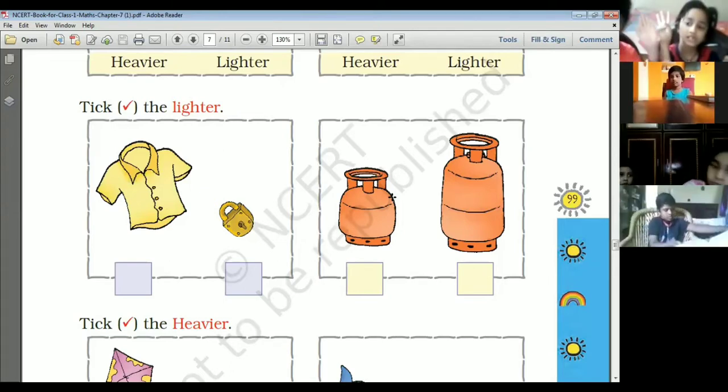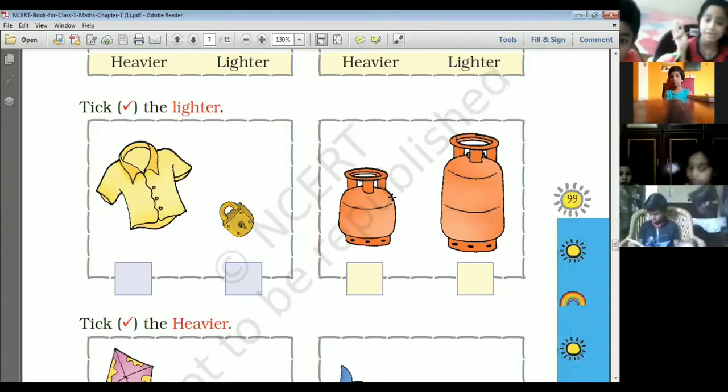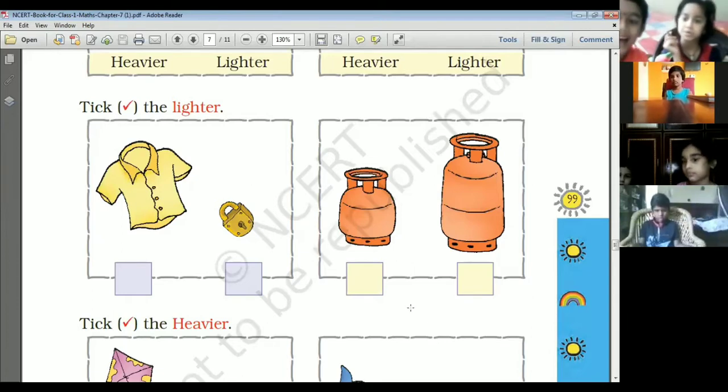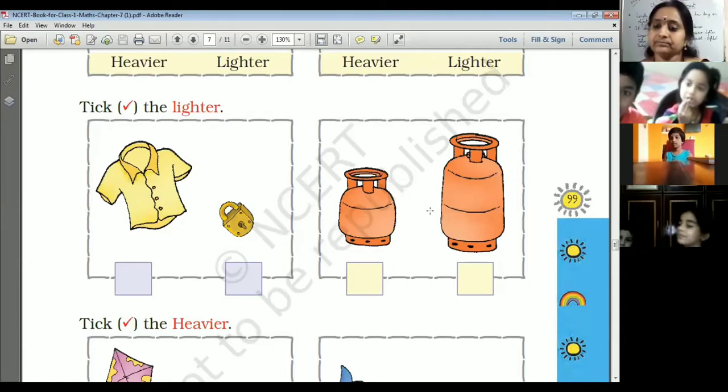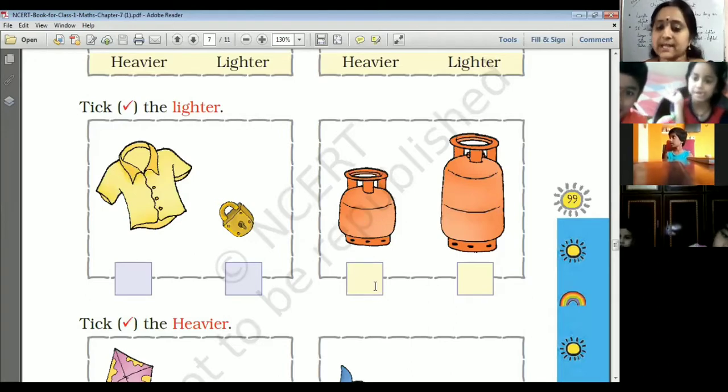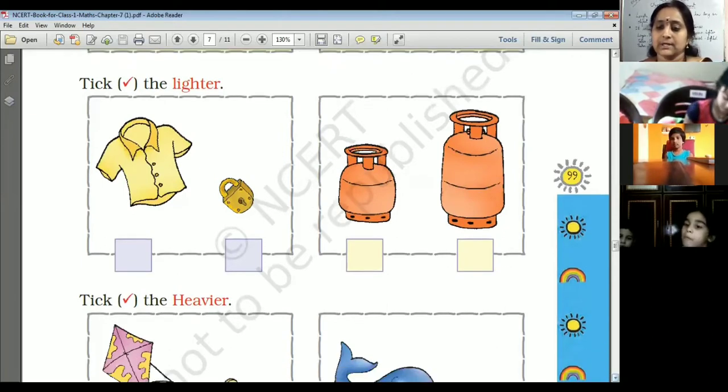The small cylinder. Very good. The small cylinder is lighter. So tick at the small cylinder. Okay?